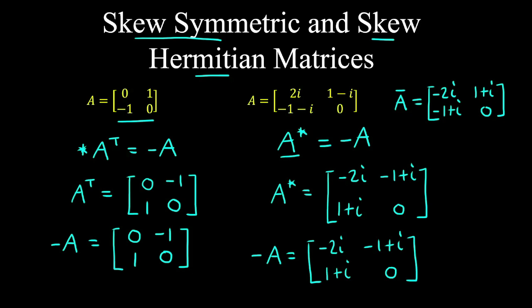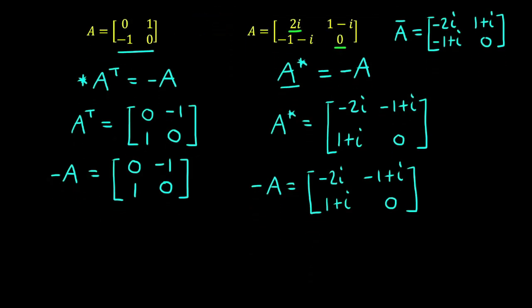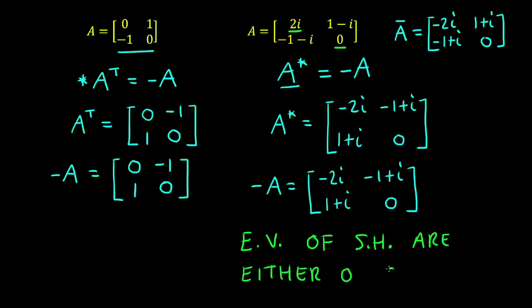So therefore, for a skew-Hermitian matrix, the entries on the main diagonal must be either pure imaginary numbers or 0. And the eigenvalues of a skew-Hermitian matrix are either 0 or pure imaginary.